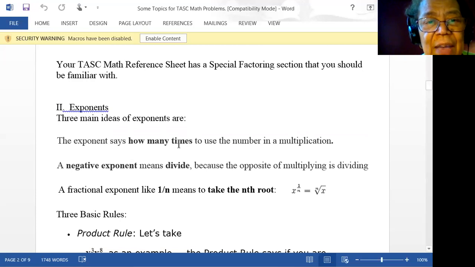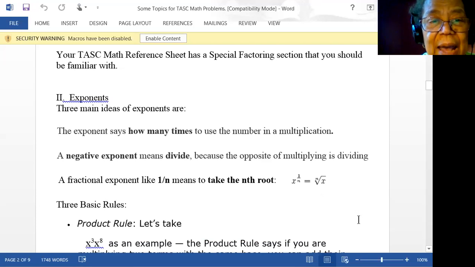A negative exponent means you divide, because the opposite of multiplying is dividing. We'll look at some examples. A fractional exponent like 1 over n means take the nth root. So this radical that has x inside and the n here means x raised to the 1 over n power.